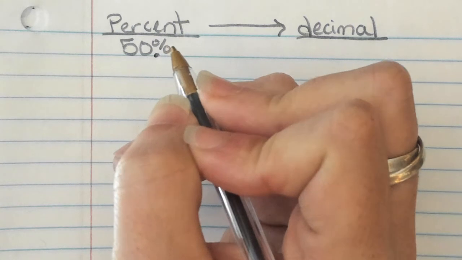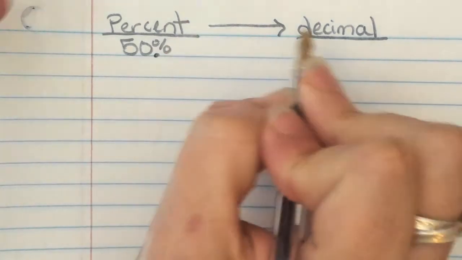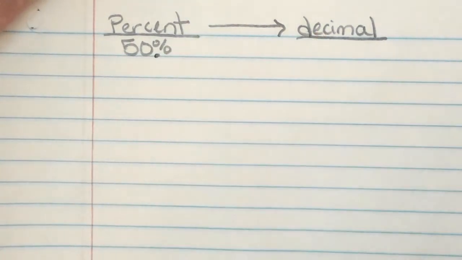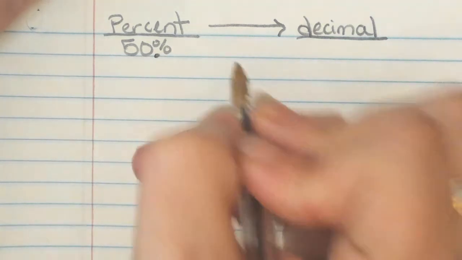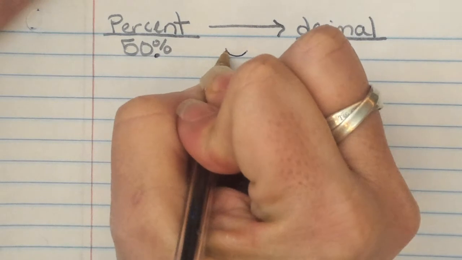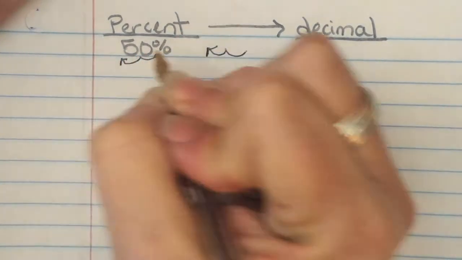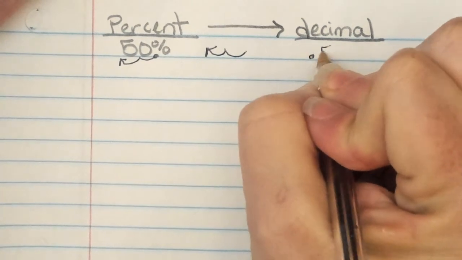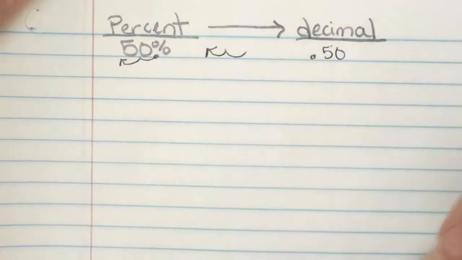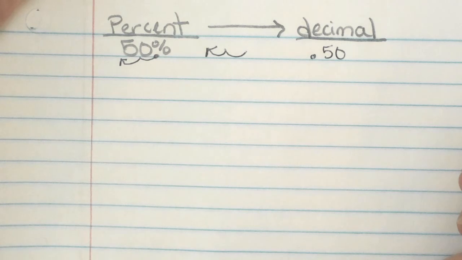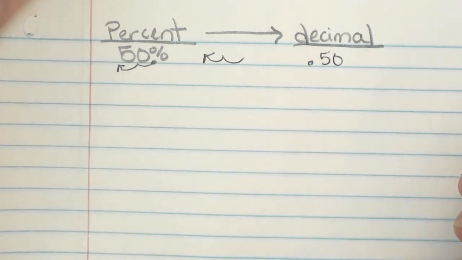Now, the next step is to go from percent to decimal. It's officially divide by 100. But we don't normally talk that way. I'm going to just be honest. You bounce it twice to the left. So, it is 0.50. That is the decimal. You could put 0.5. It's the same thing.